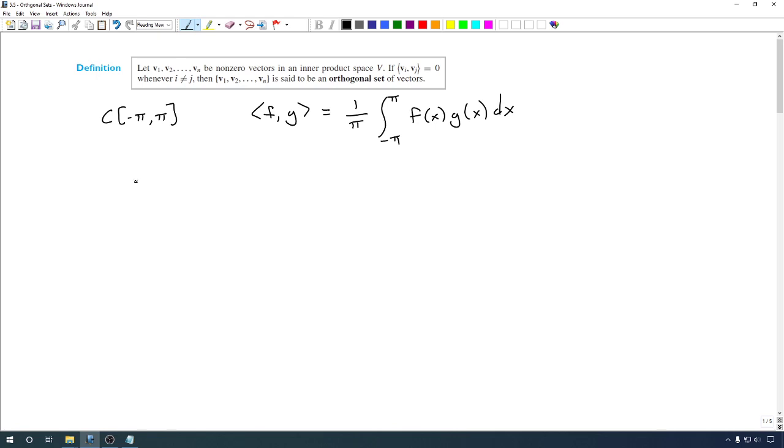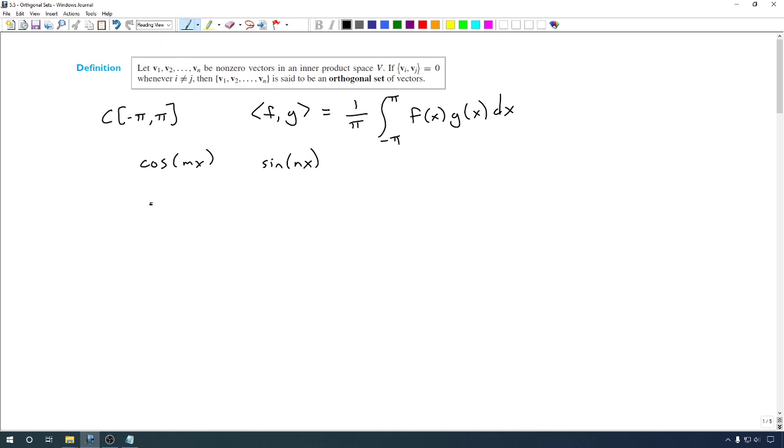And in the exercises, and we're not going to go through all the details here, the functions cosine of mx and sine of nx for integers m and n are orthogonal to each other.